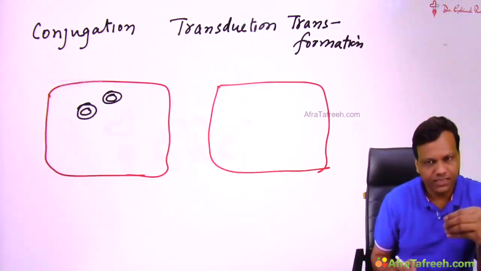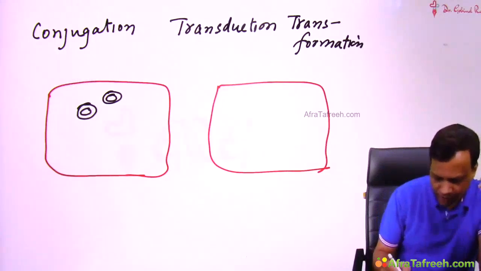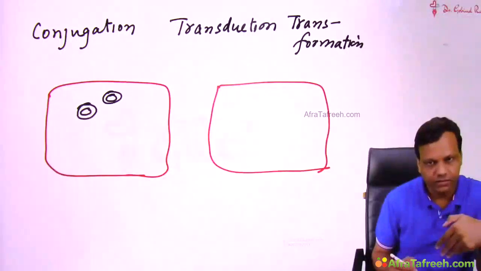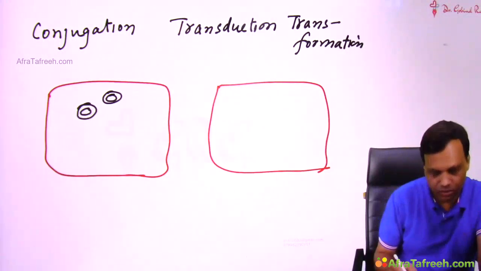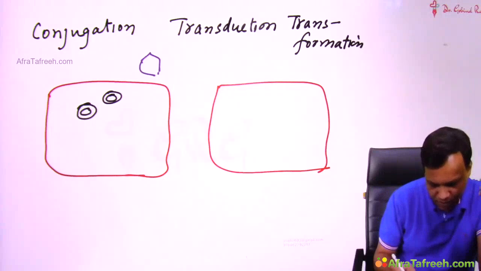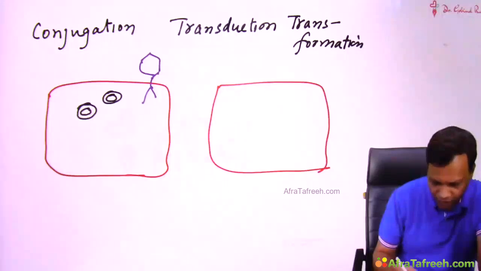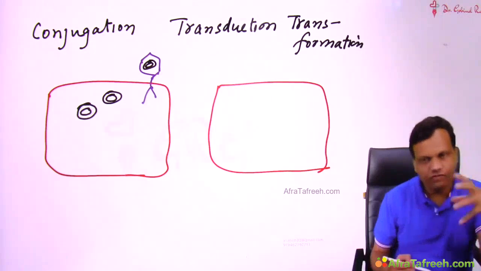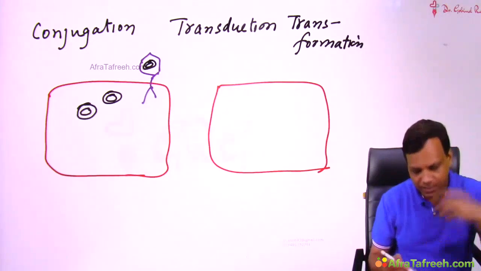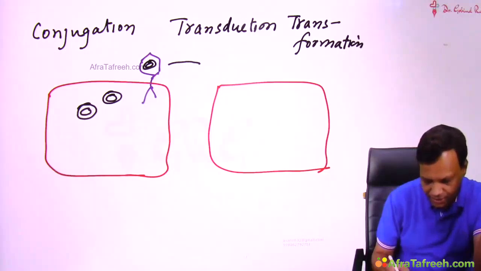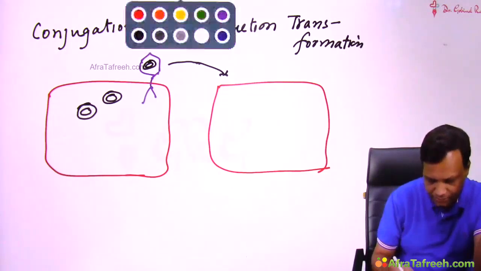Then the second method. The first bacteria has a resistance gene and has multiplied the resistance genes. Now a virus infects this bacteria. The viruses infecting bacteria are called bacteriophages. So the bacteriophage comes, infects this bacteria, and takes up the resistance gene. Now this bacteriophage multiplies in this bacteria, then it leaves the cell and infects another bacteria.